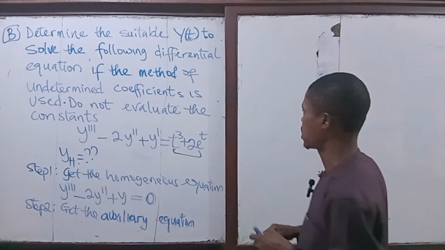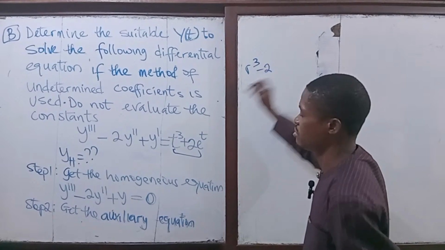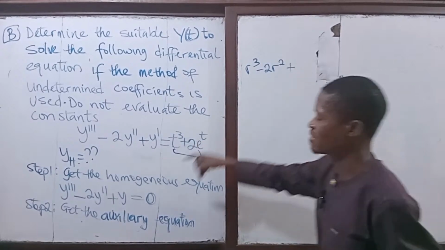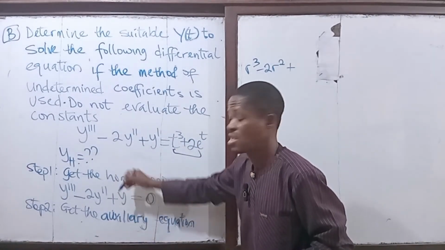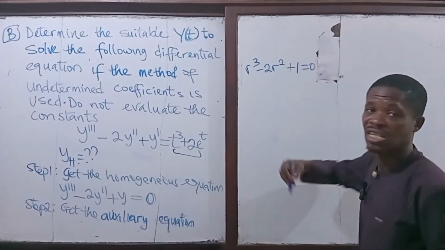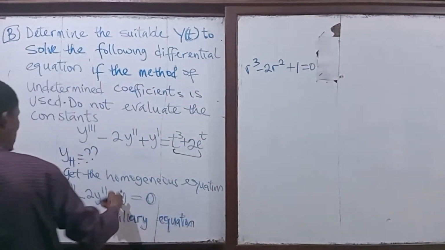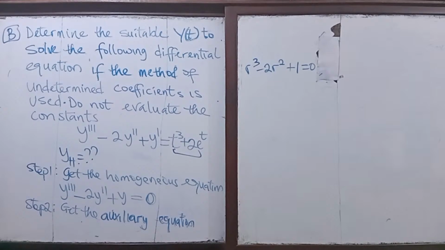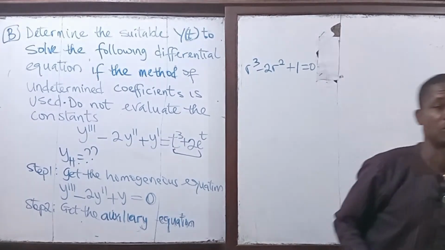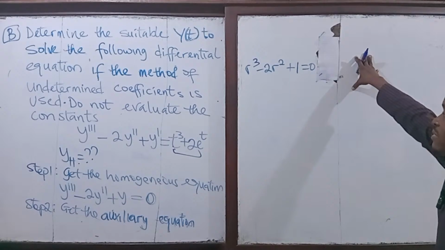The third differential will be r cubed, r to the power 3, minus 2 times the second differential, which is r squared, and then plus the coefficient of your y. That's 1. Okay, it is not a differential; it should just be the coefficient attached to y. With differentials, the fourth differential is r to the fourth, the second differential is r squared, the third is r cubed, and so on and so forth. So that's what we have in this case.